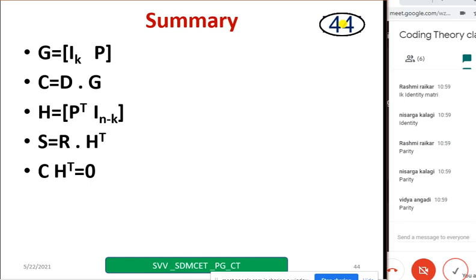G equal to IP, C equal to DG, H equal to P transpose I, S equal to R into H transpose, CH transpose equal to 0.